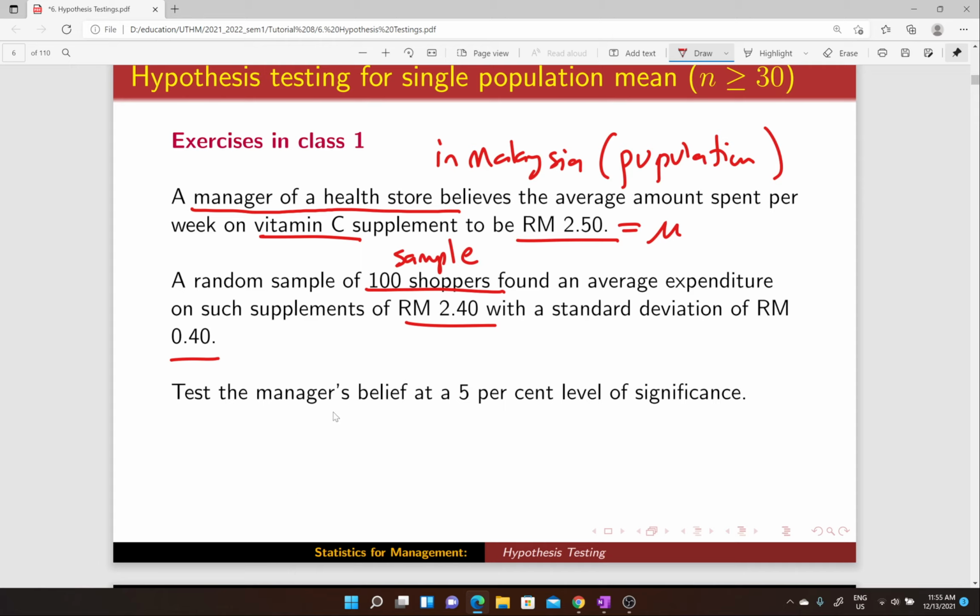We found that these 100 shoppers are only spending 2 ringgit 40 cent on vitamin C. Can we conclude, with these 100 shoppers and 2 ringgit 40 cent, that every person in Malaysia spends 2 ringgit 50 cent? Can we do that? That's what we're going to calculate.